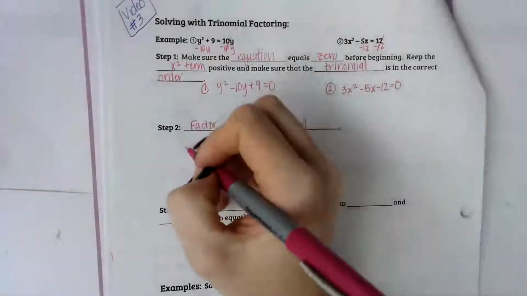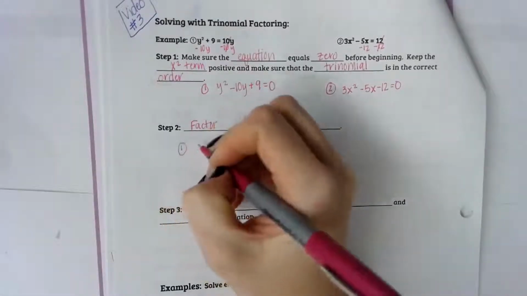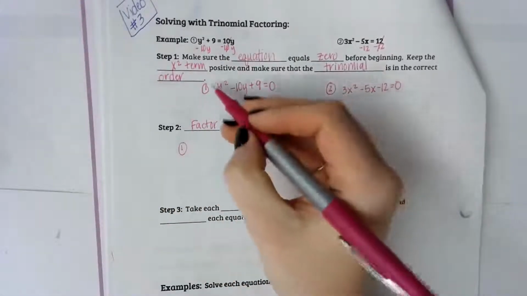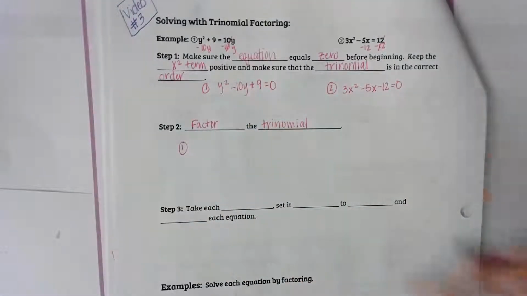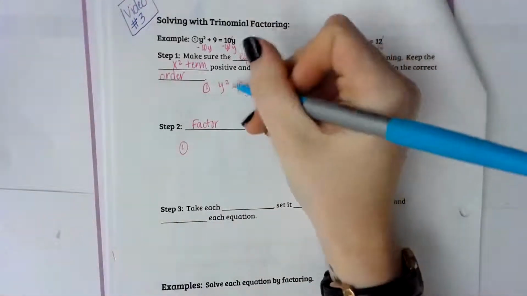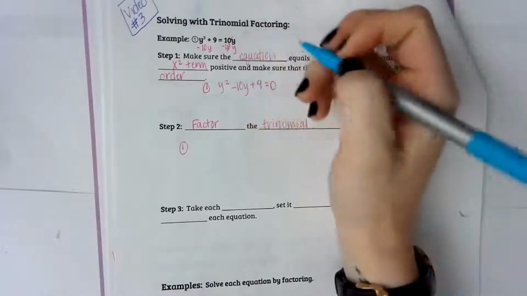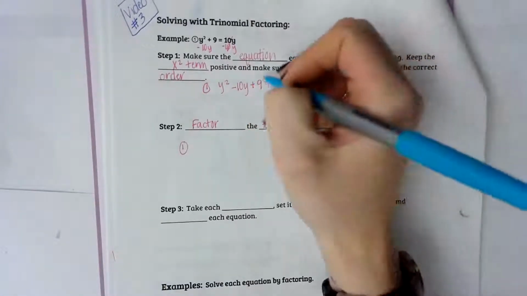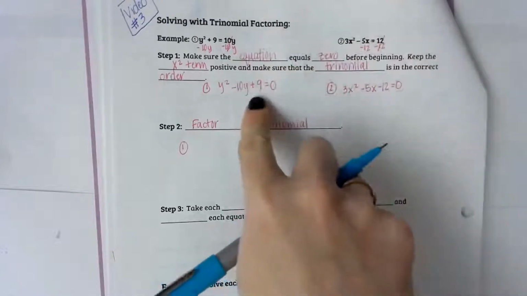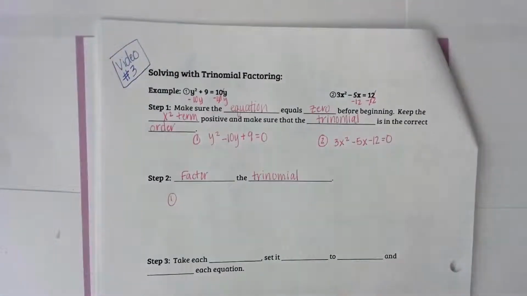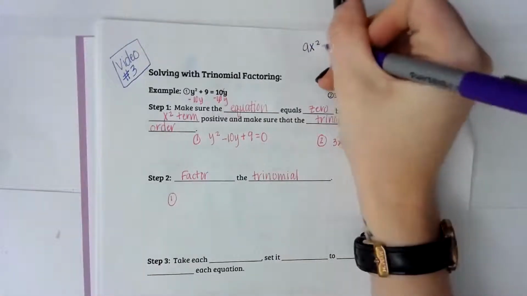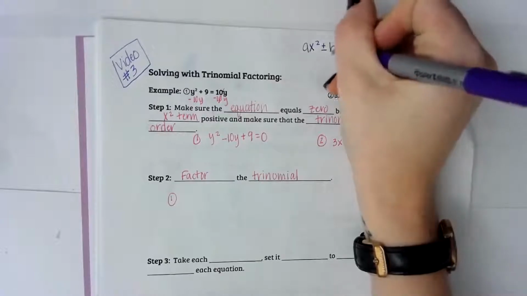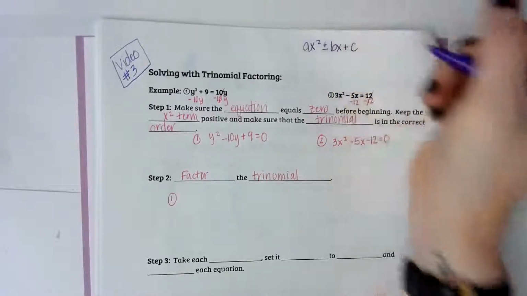Okay, so that number 1. So this one doesn't have a number in front. So I just need to find what multiplies to this but adds up to negative 10. So because it's a plus c, so remember, why don't I write that down again for us? So you've got ax squared plus or minus bx plus c.